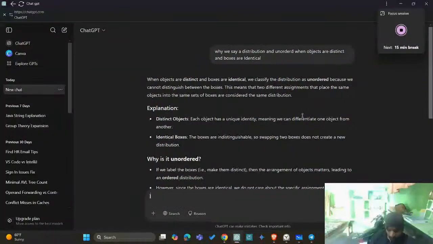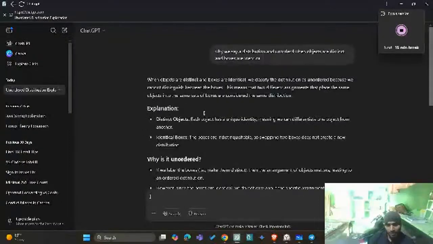So this is saying, when objects are distinct and boxes are identical, we classify a distribution as unordered, because we cannot distribute.